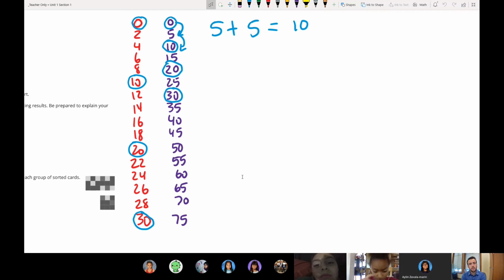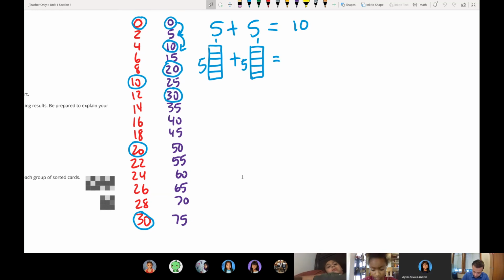Well, last week we brought up how when we're adding the same group repeatedly, it's the same thing as multiplying, isn't it? You can treat it as multiplication. Because this is the same thing as if I were to draw a rectangle with 5 there. I'll redraw it real fast. So there's 5 there, and we're adding it together to 5 there. Right, 5 on the side for rows, 1 column.